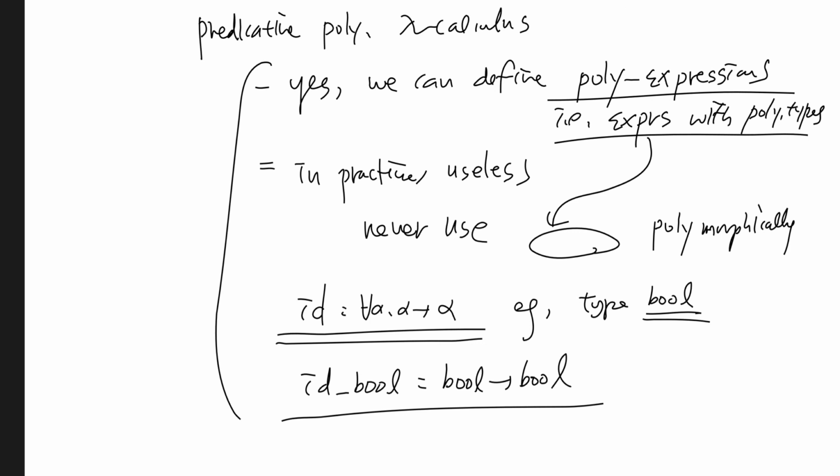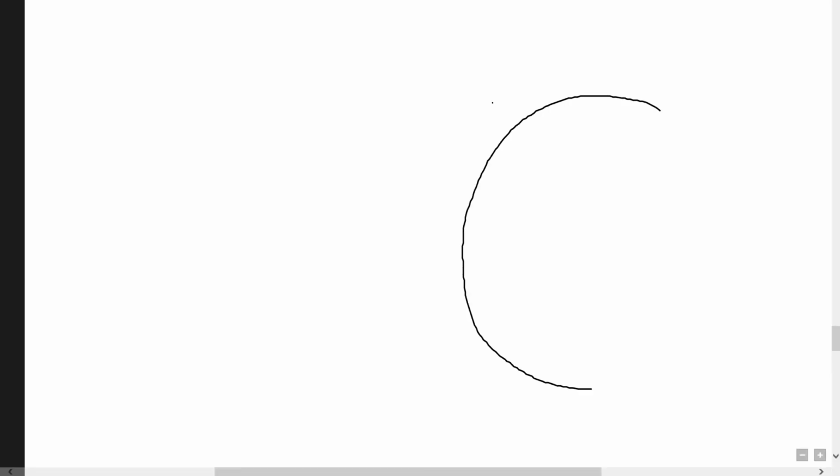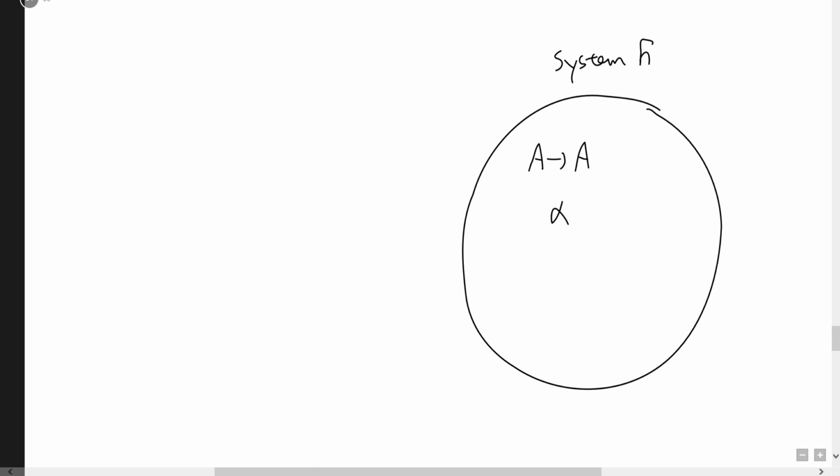So finally, I'd like to compare the two languages, predicative polymorphic lambda calculus and system F one more time. So this is the set of types that system F allows. So you can have this function type and type variable and polymorphic type. And there's no separation between monotypes and polytypes.